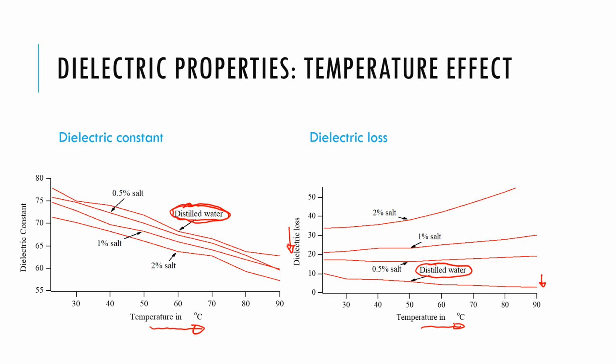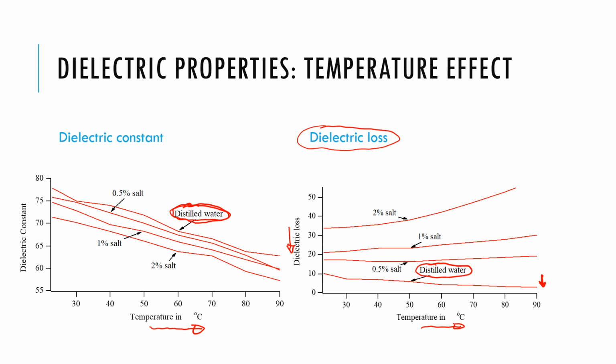When salt is added or ions are added, then the dielectric loss would be a combined effect of this dipolar effect plus the ionic effect. Whereas the dipolar effect decreases with temperature, the ionic effect increases due to increased mobility of the ions and the decreased viscosity of the liquid.